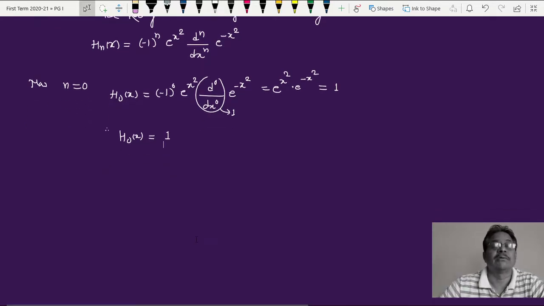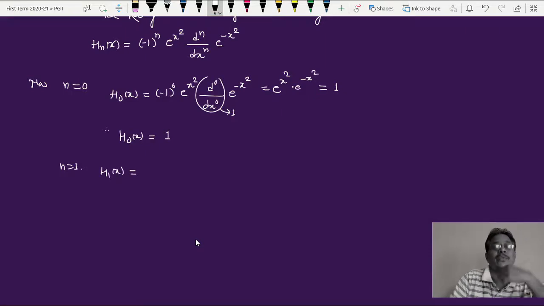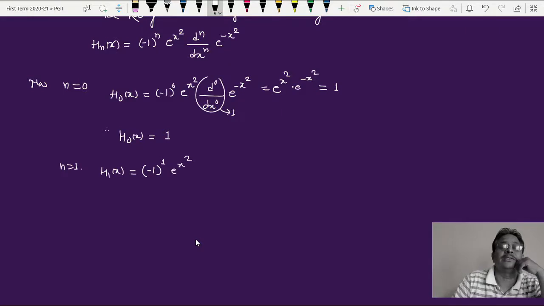Likewise calculate the second, that is n equal to 1. For n equal to 1, I should get h1 of x is equal to, now write there in the Rodrigues formula, minus 1 raised to 1, that is negative, then e raised to x square as it is. Now this is d raised to 1 upon dx raised to 1, multiplied by e raised to minus x square.